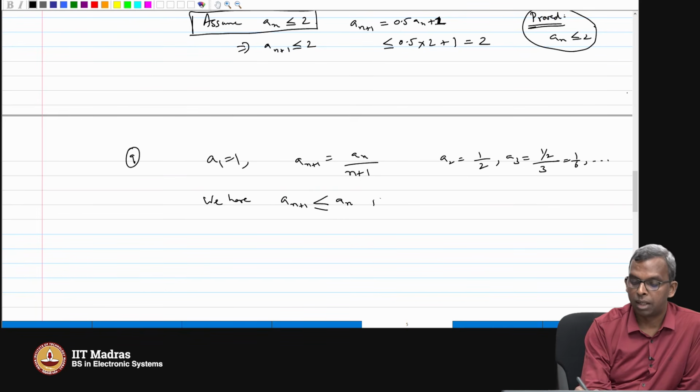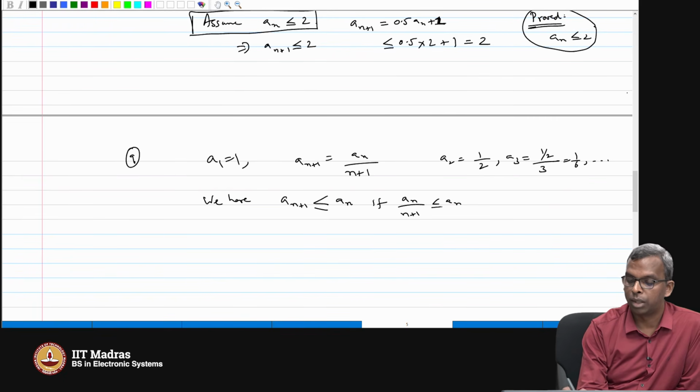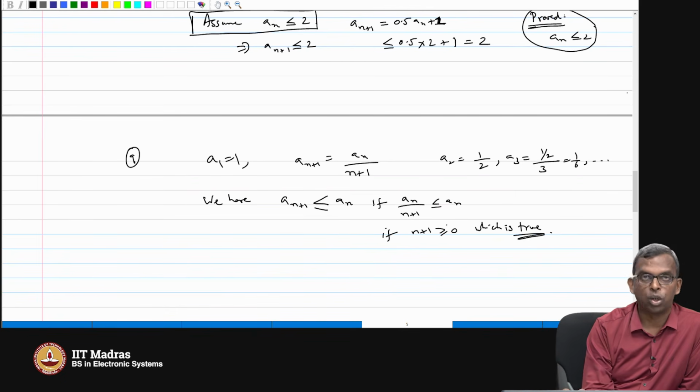We have a(n+1) is less than or equal to an if an by n plus 1 is less than or equal to an, and an can be cancelled because it is all non-zero, which is true if n plus 1 is greater than or equal to 0, which is true, right. So, this is always true. So, we have monotonic property.